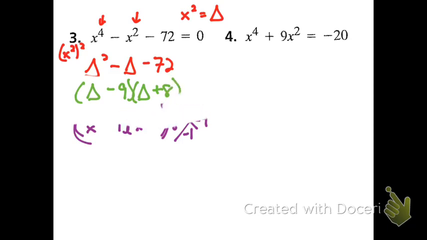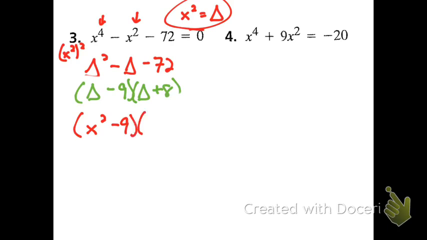But I don't want to deal with triangles anymore. I want to go right back to what it is. Every time I see a triangle, I can put an x squared. So instead of that, it's x squared minus 9 and x squared plus 8.